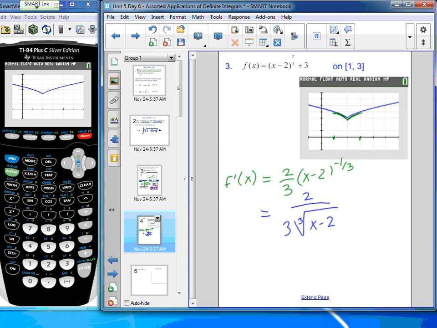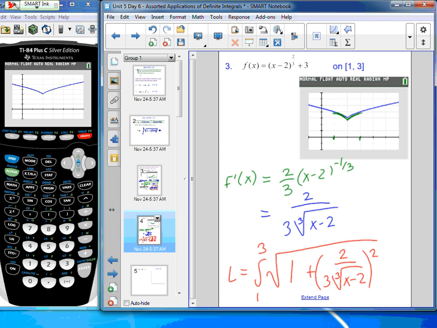Alright, so if I were to blindly proceed with my length given by the definite integral from 1 to 3 of square root of 1 plus f prime of x squared, so that would be 2 over 3 cube root of x minus 2, closed fraction squared, closed radical dx.